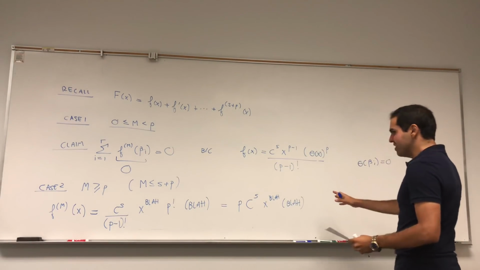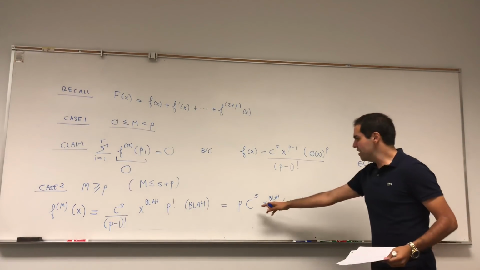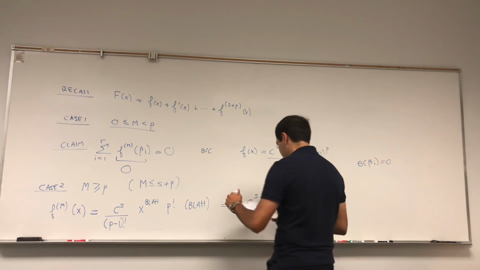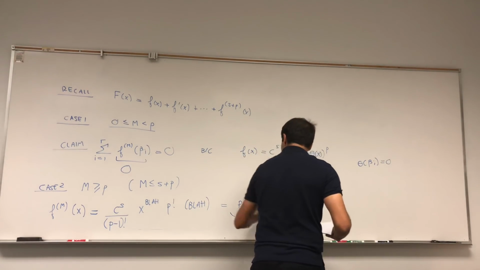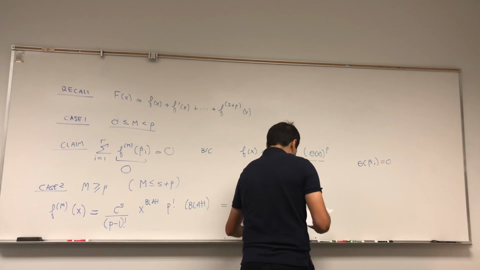And what's important is that this sort of becomes a polynomial, more or less, but whose coefficients are divisible by p. So not only that, divisible by p c to the s.